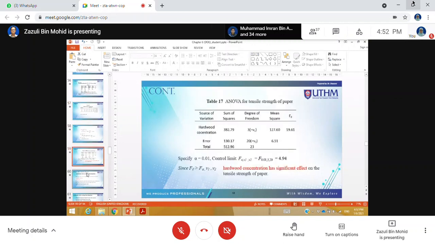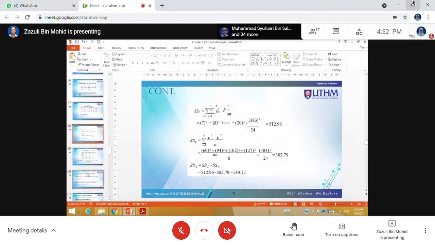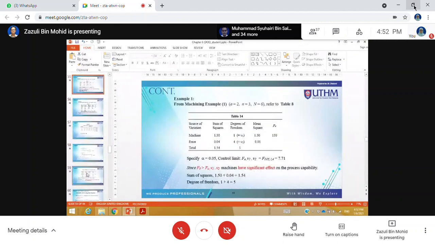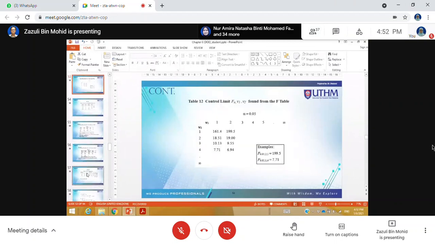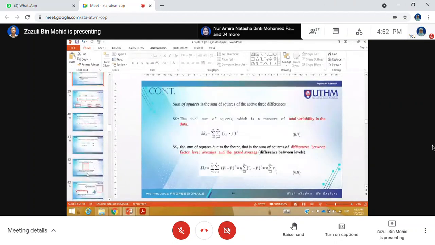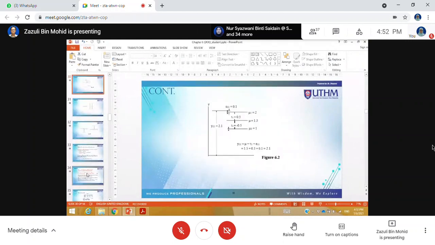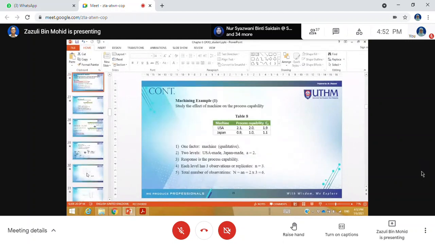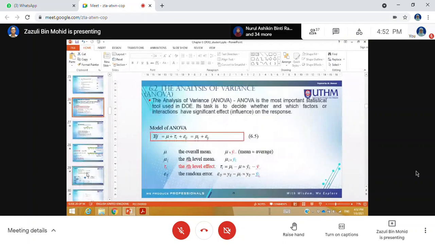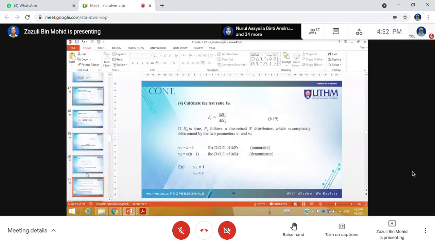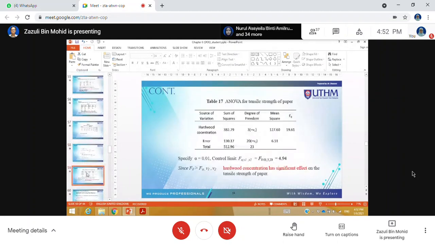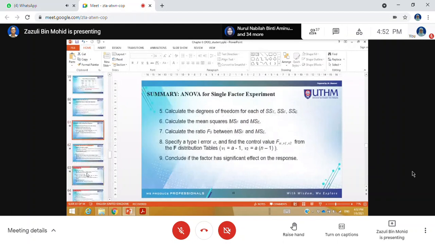I think that's all for today. I would like to ask you to fully understand the method I just explained today, from page 26, the analysis of variance, until the summary here.